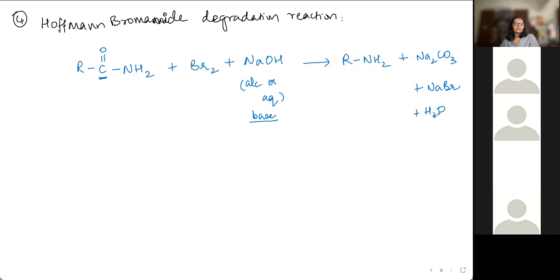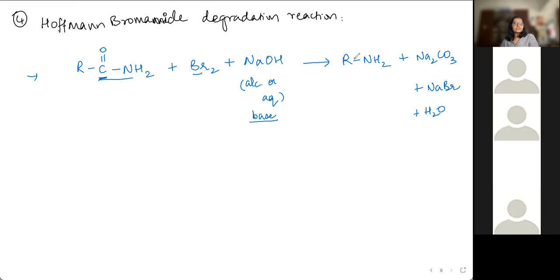Yeah, so these are your byproducts. And yeah, this is like your main template reaction. So again, Hoffman is the guy who worked on this, who fine-tuned this process. Bromamide, so using combination of bromine plus an amide, degradation reaction.